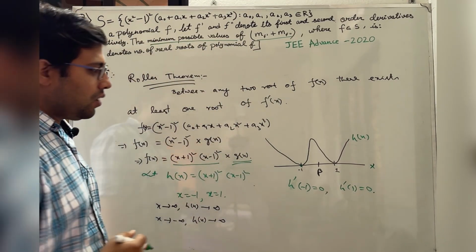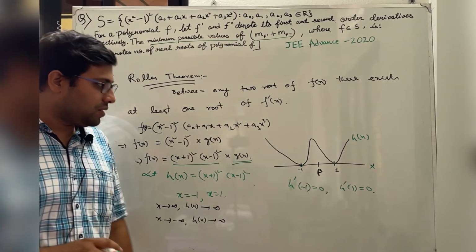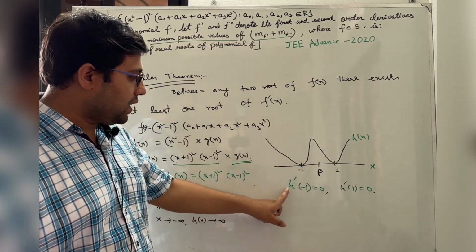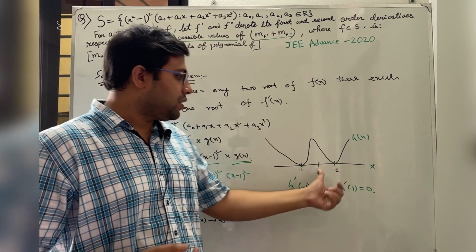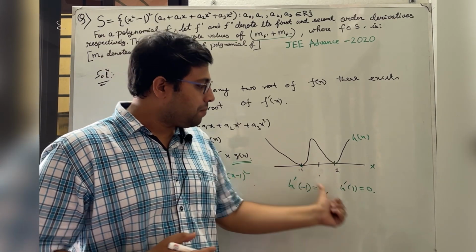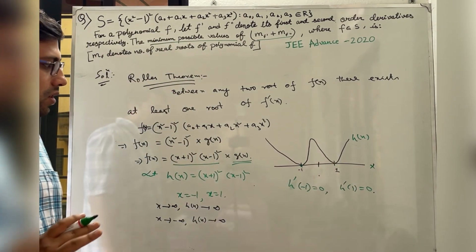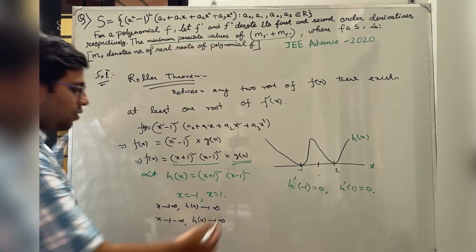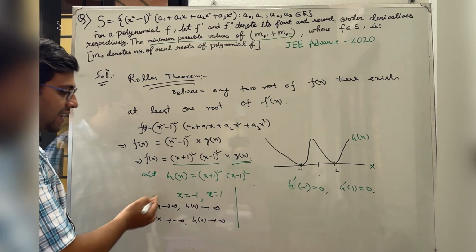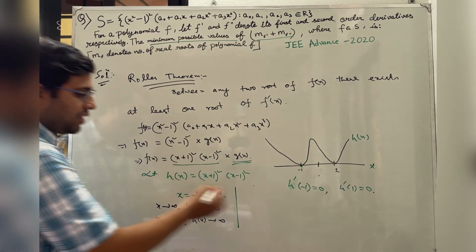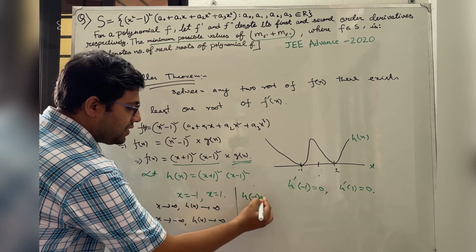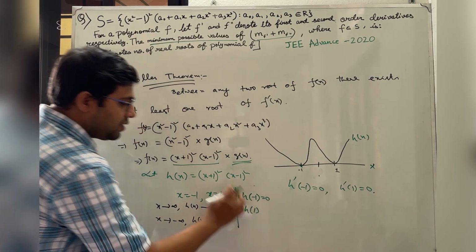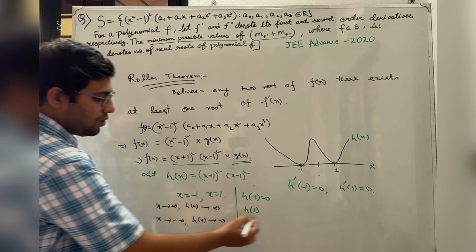So without using Rolle's theorem, just using this graph, we conclude that minus 1 and plus 1 are roots of h dash x. Also we can see that at x equal to minus 1, h(x) is 0, and at x equal to plus 1, h(x) is also 0.